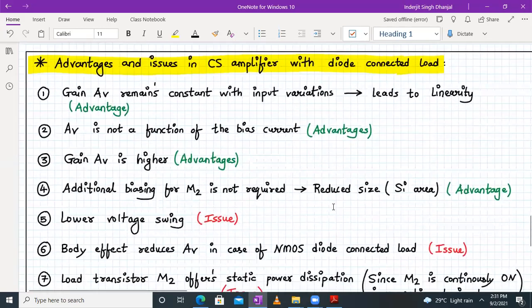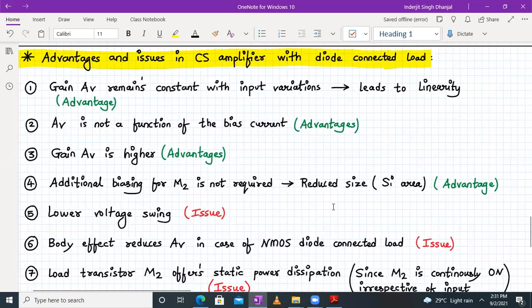So there are some advantages and issues or problems associated with common source amplifier with diode connected load. First advantage over here is that your gain AV remains constant with the input variations, which will lead to linearity, and that's an obvious advantage. Next, the voltage gain is not a function of bias current.